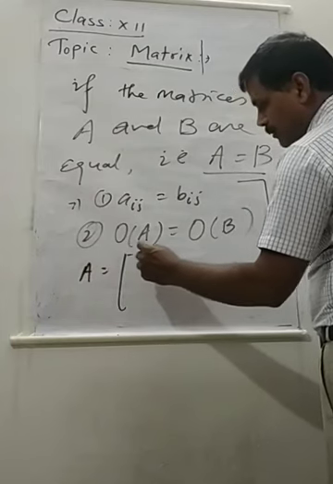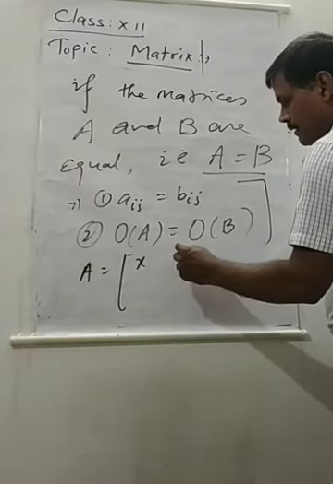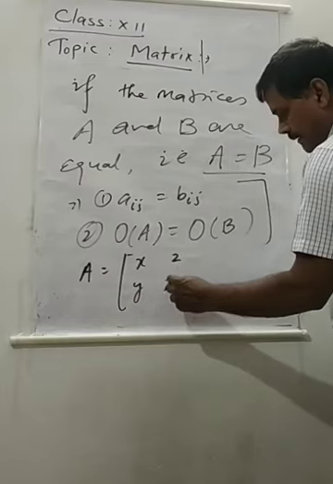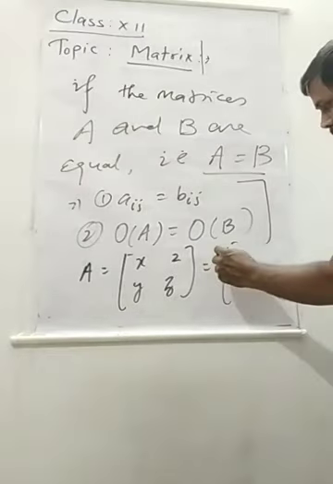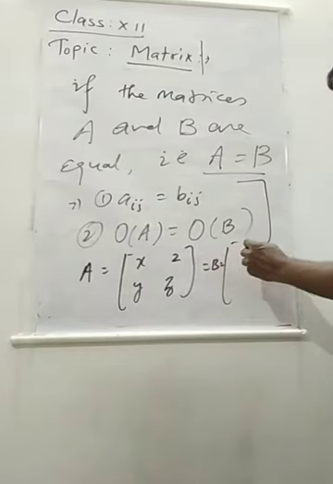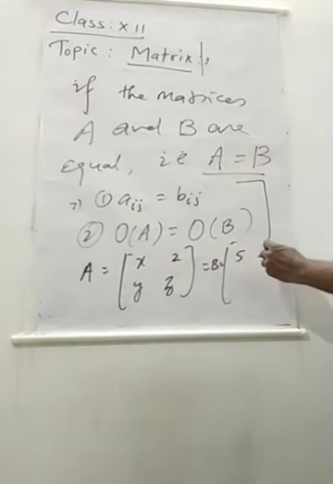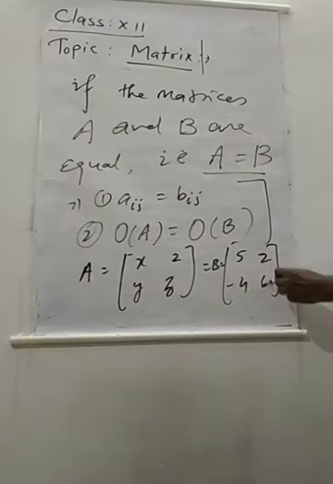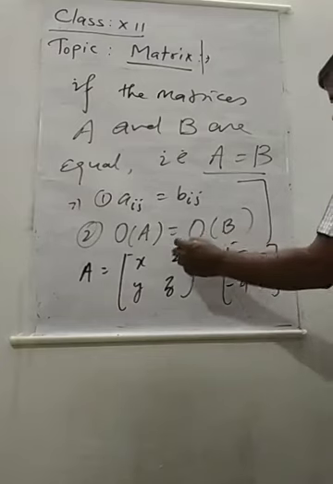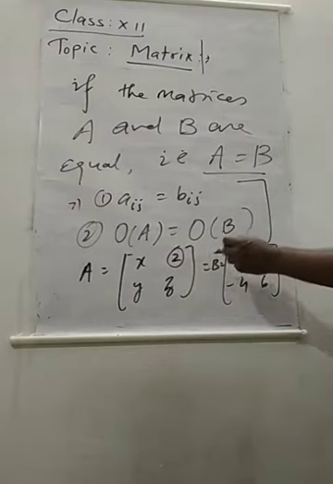Matrix A is equal to [x 2; y z], and matrix B is equal to [5 2; -4 6]. If these matrices are equal, you can observe that all the corresponding places must be equal.